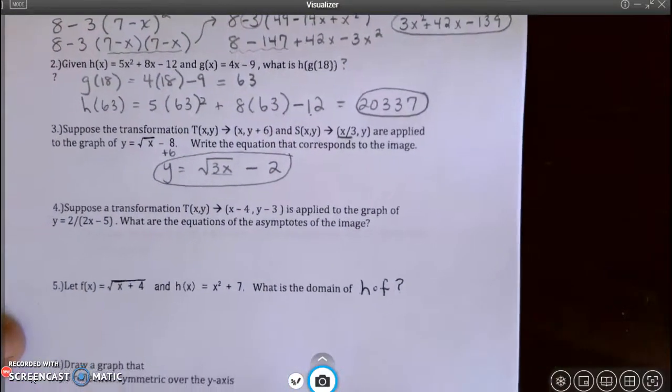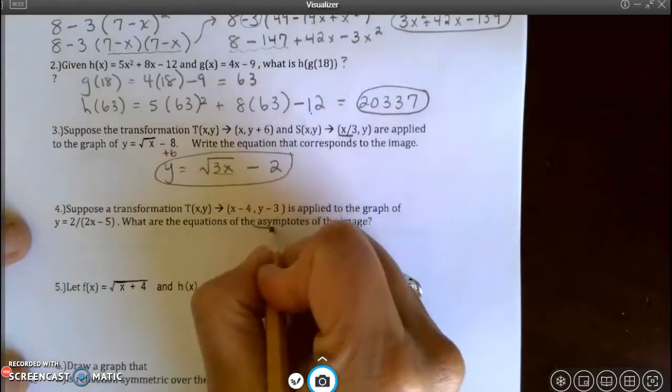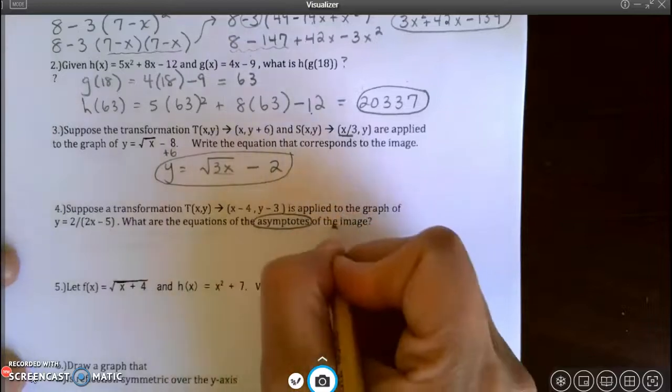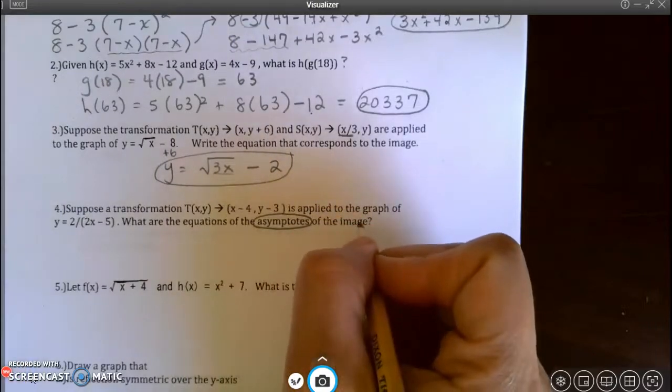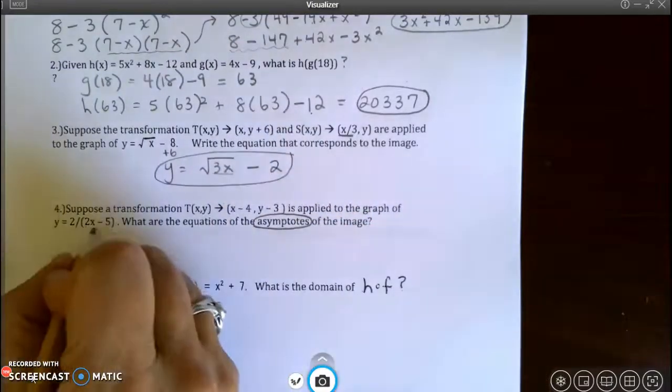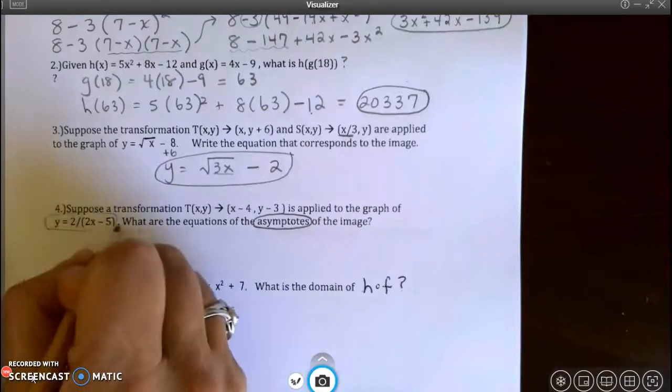Number 4. Suppose we have this transformation applied to the graph of y equals 2 divided by 2x minus 5, where the equations of the asymptotes, this is like the other problem we had, of the image. Well, we need to first think about what the asymptotes are here.